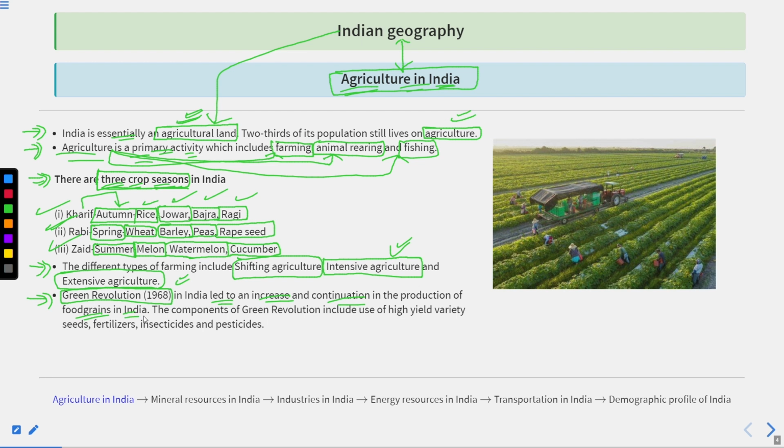If we talk about the components of the Green Revolution, this includes high yield variety seeds, fertilizers, insecticides, and pesticides. Combined, we used them and saw increased results in crop production that was sufficient to fulfill our domestic demands as well as for export. Thereafter, we continued it further.